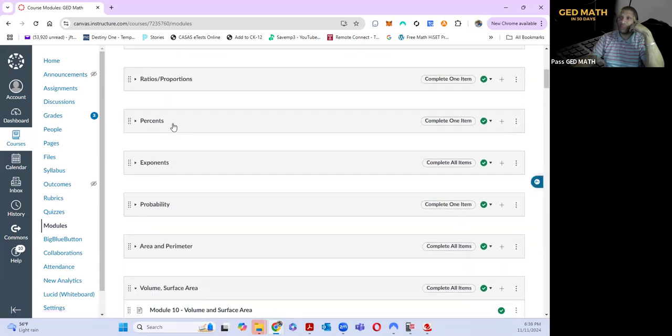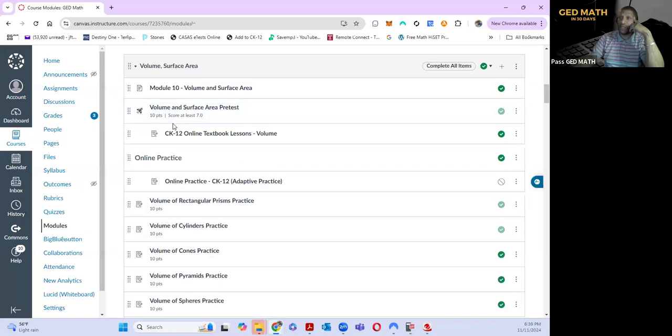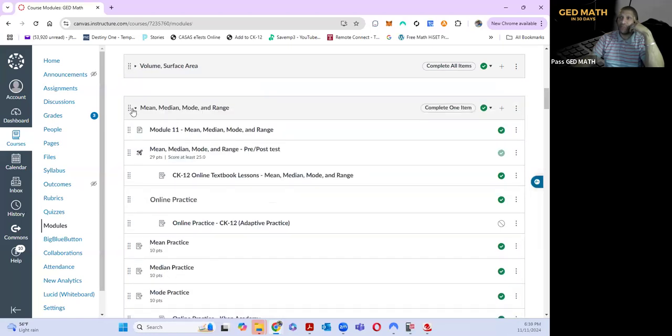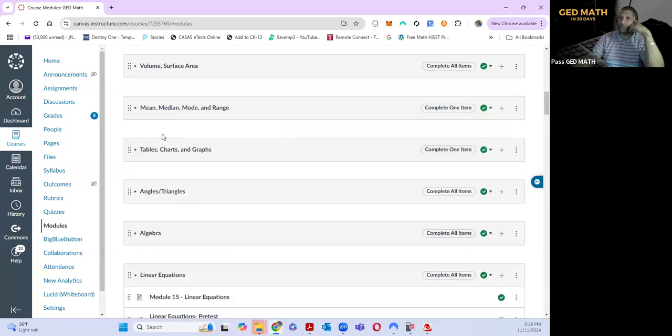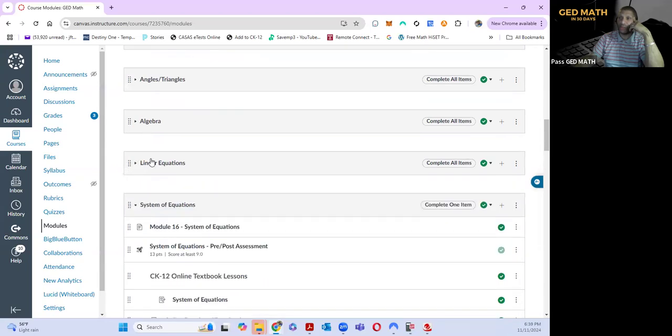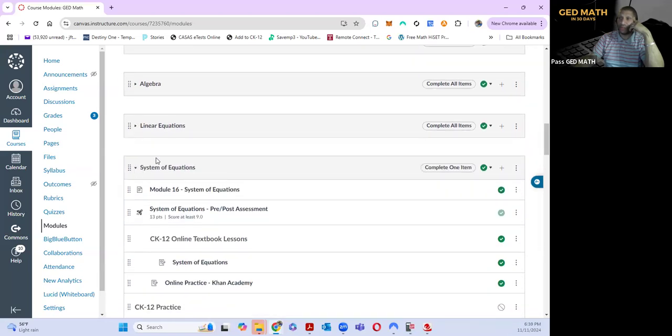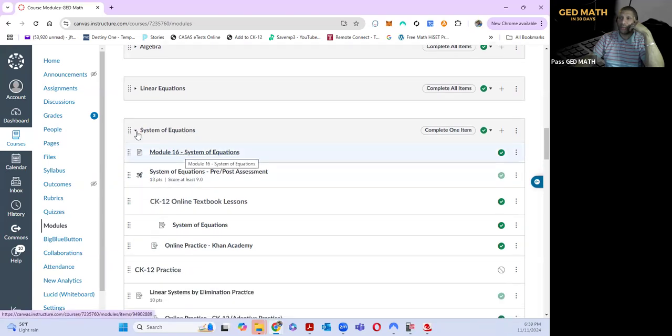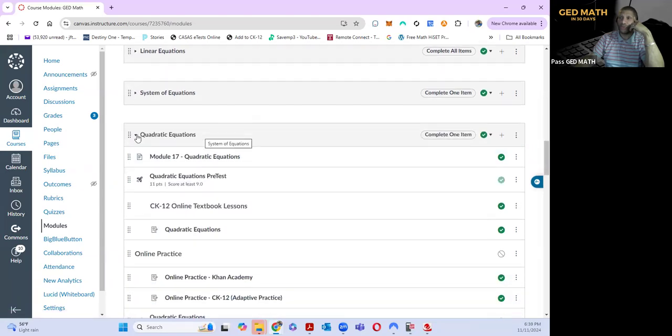Ratio and proportions, percents, exponents, probability, area and perimeter, volume and surface area, mean, median, mode, and range, tables, charts, and graphs, angles, triangles, algebra, linear equations, system of equations, quadratic equations.